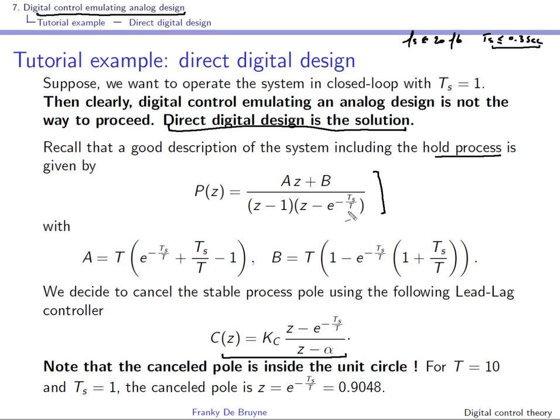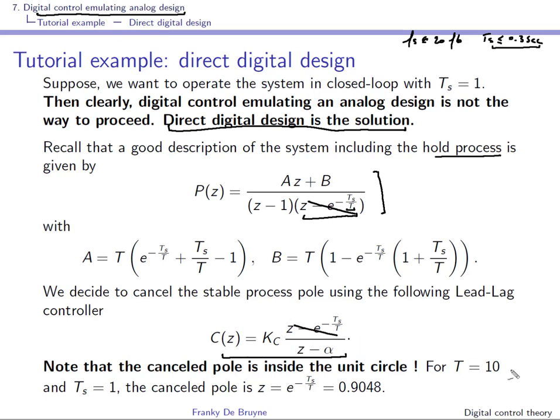We'll cancel the pole of the system, the one that corresponds to the time constant in continuous time of tau. So we have a zero here that will cancel out this pole. We have a cancelling of a pole by a zero of the controller, so we should check that we do not go against internal stability, and everything is okay if this pole here is inside the unit circle.